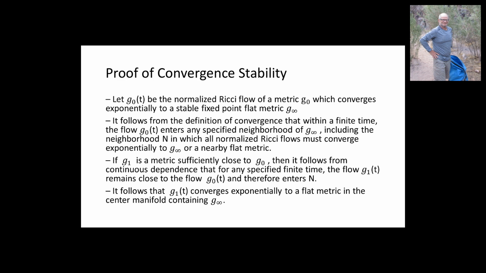So now consider a metric G1 which is sufficiently close to G naught. Then it follows from this continuous dependence result that for any specified finite time, the flow G1 of t remains relatively close to the flow of G0, and therefore it must enter N. Then it follows that G1 of t converges exponentially to a flat metric, and then it must necessarily converge to G infinity or something on that manifold.